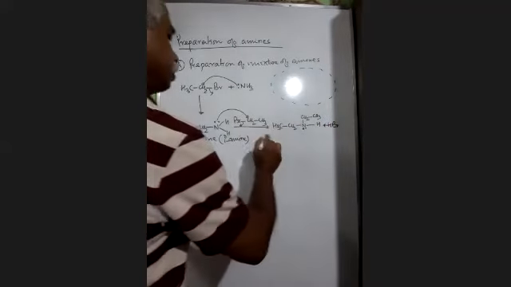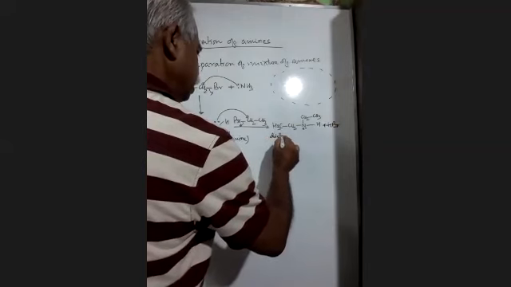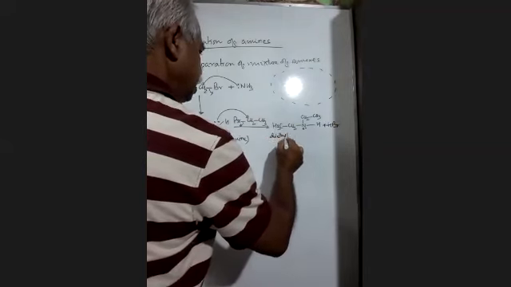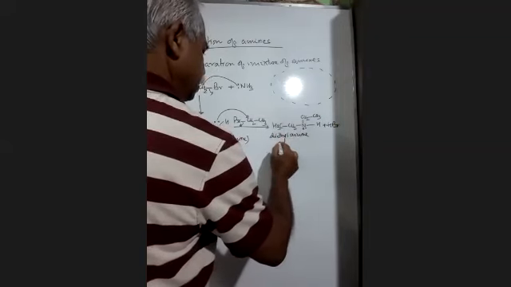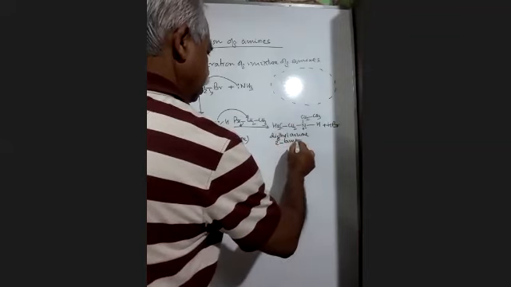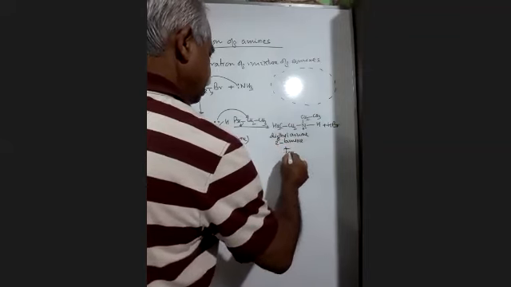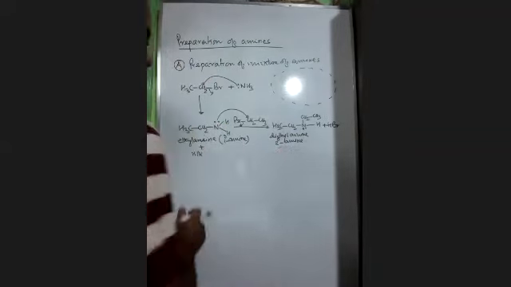So what is the name of this one? This is diethylamine. Okay, this is a secondary amine, plus you get HBr.